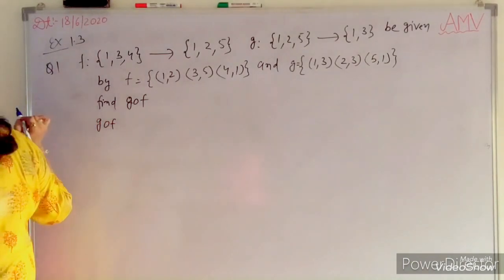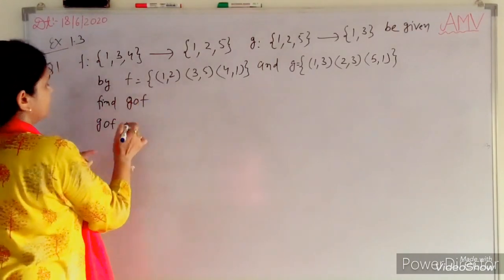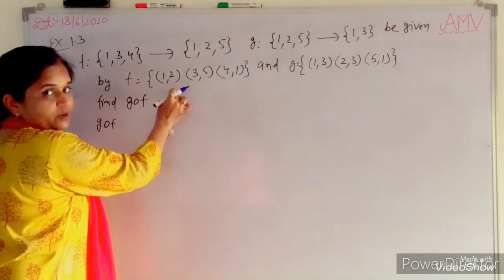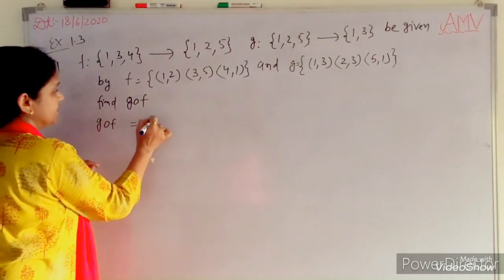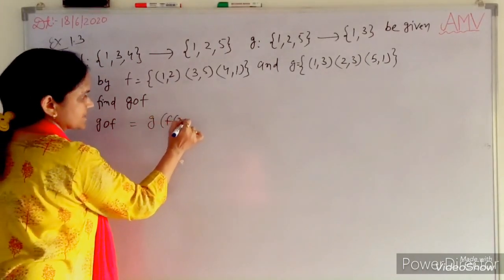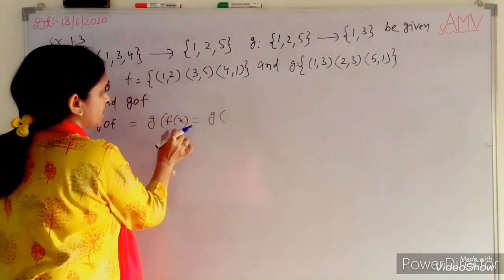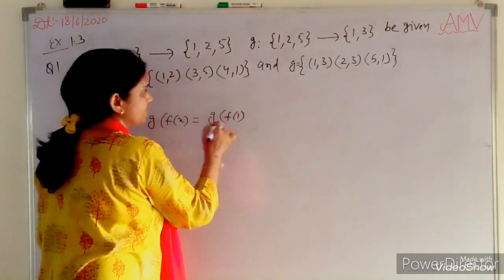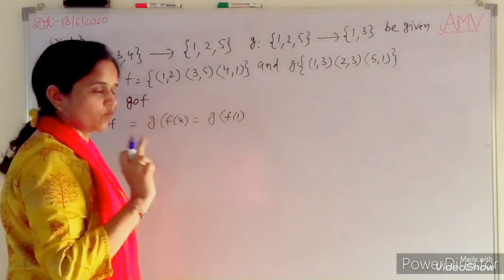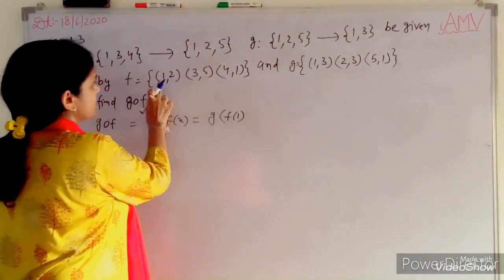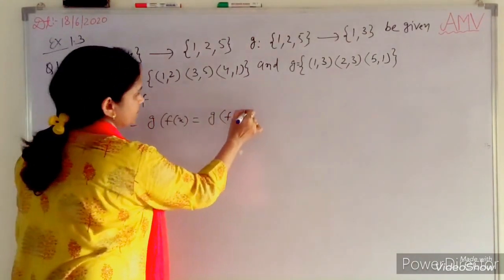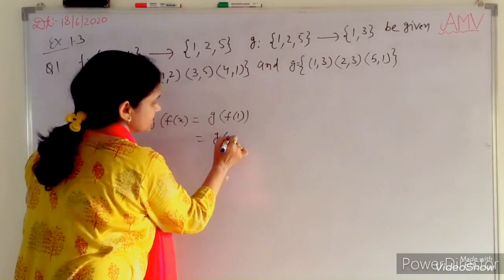Now gof, I am starting from f, student. It is g(f(x)), like this. g(f(1)): the first element is 1. Here, student, the image of 1 is 2, so it's g(2).